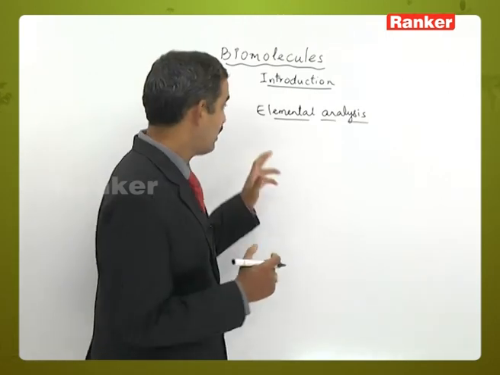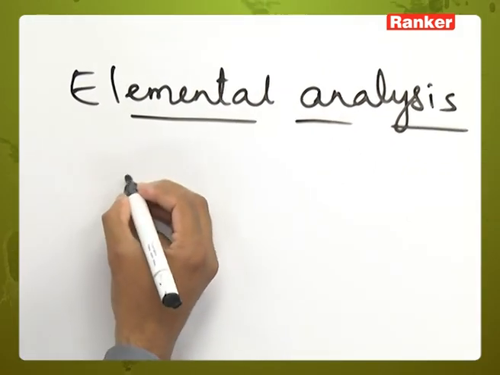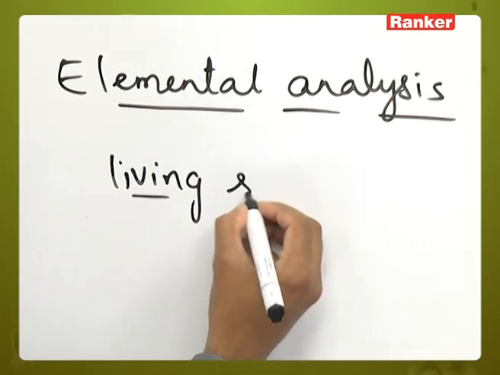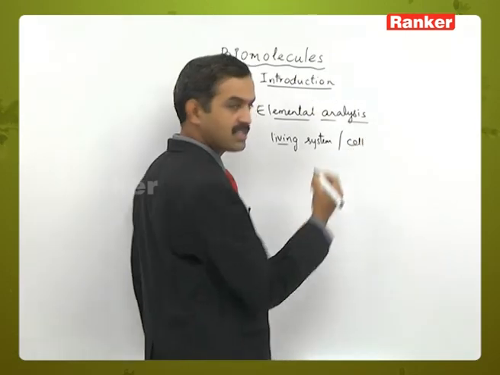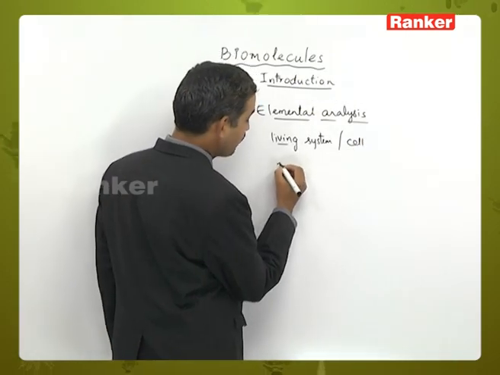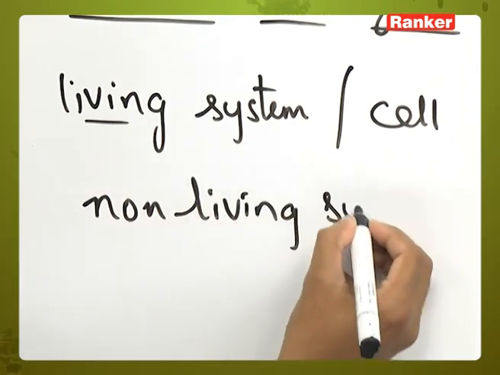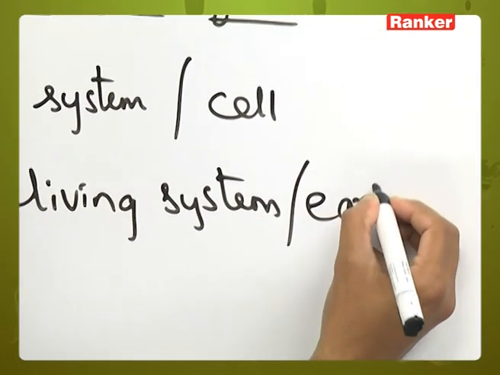In this process we know about the elements, but what are the elements present in a living system or a living cell, and what are the elements present in a non-living system? Let's take the example of the earth crust.